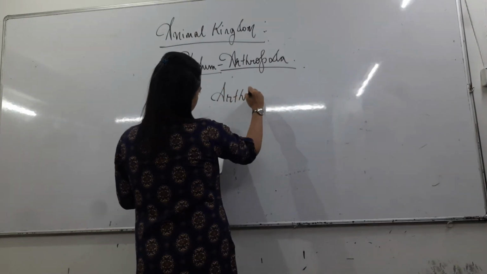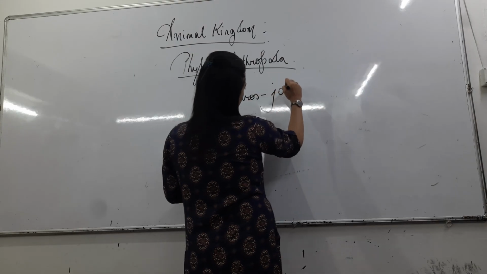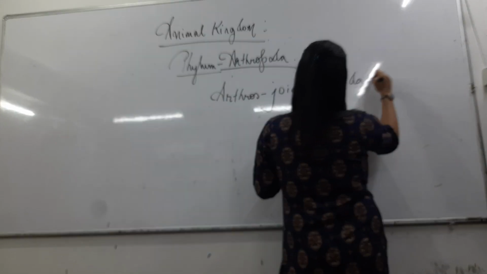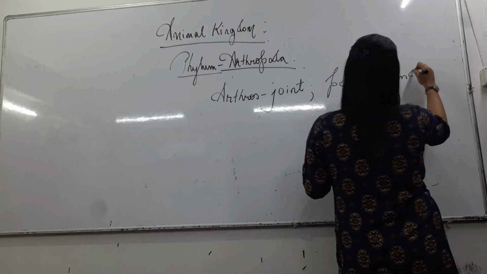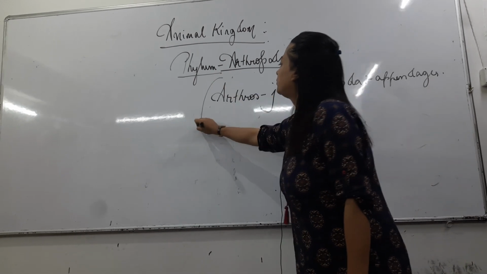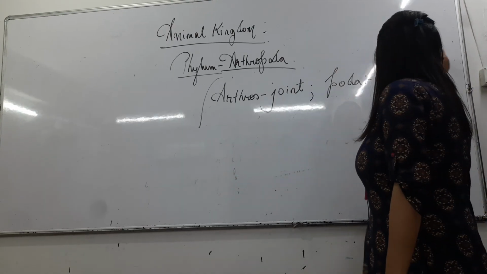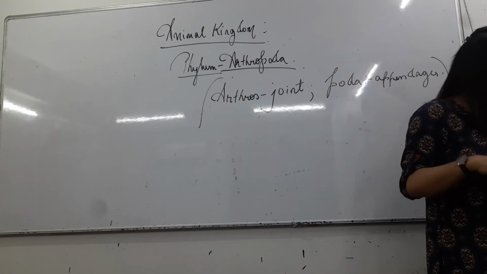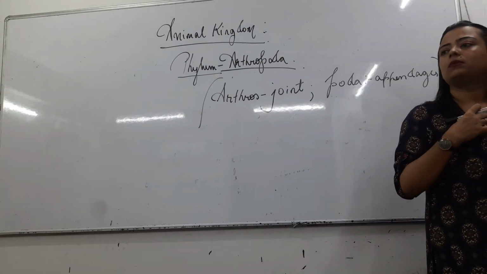Arthropoda mane ki, first you write down the meaning. Arthros means joint and poda means appendages. That means they have jointed appendages. What are appendages?